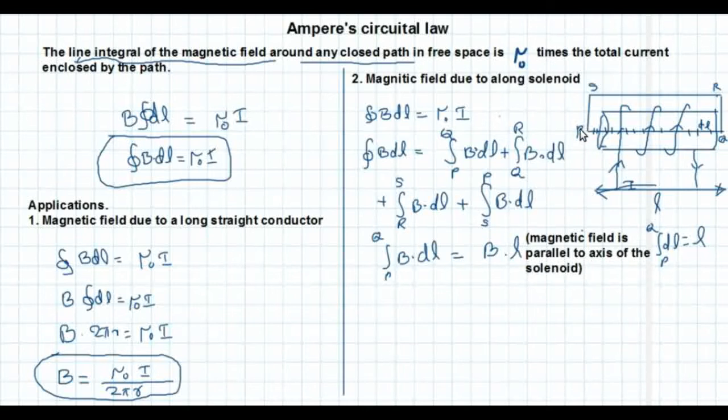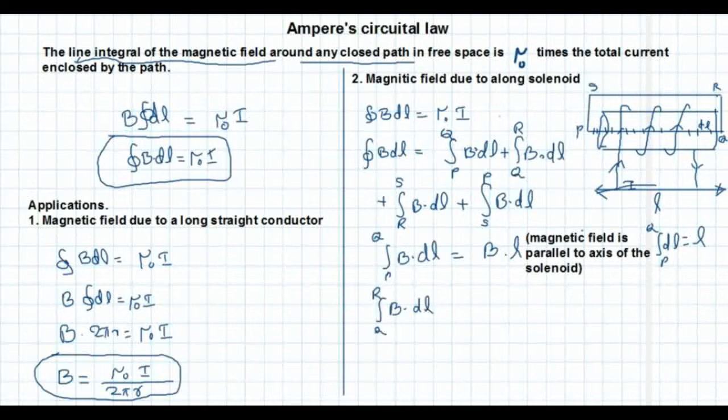So the magnetic field B will be parallel to the length dl, or parallel to L. Therefore the angle is 0 and cos 0 is 1. Therefore this is B into L. So integral B dl from P to Q will give BL.